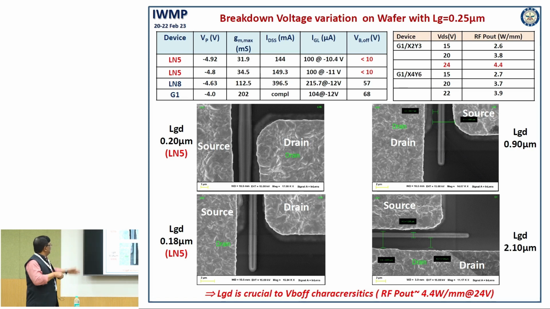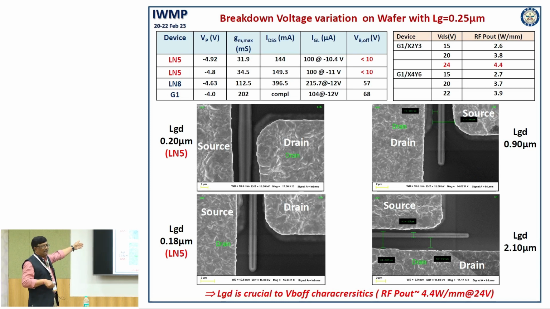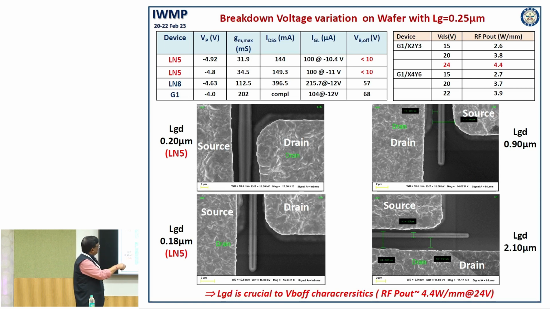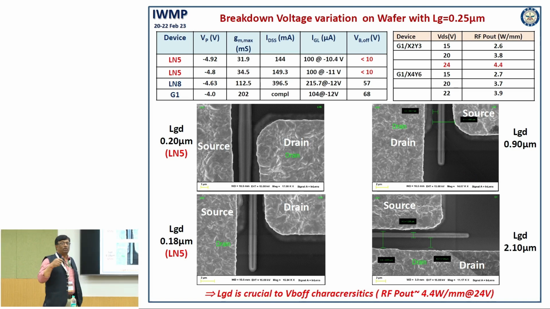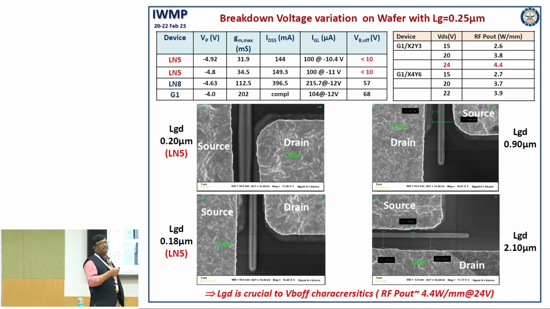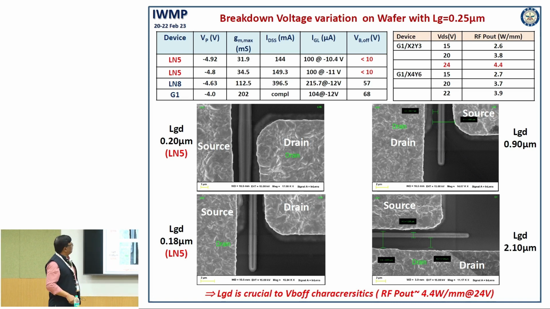So, here I am showing that these left side two devices have very small gate drain distance because of the placement inaccuracy, leading to a breakdown voltage of less than 10 volt, whereas for the other two devices where my gate placement is correct, my breakdown voltage is more than 57 or 60 volts, and this is before field plate. The initial requirement without field plate is around 60 volt or 70 volt, and then I enhance this breakdown voltage by placing the field plates.